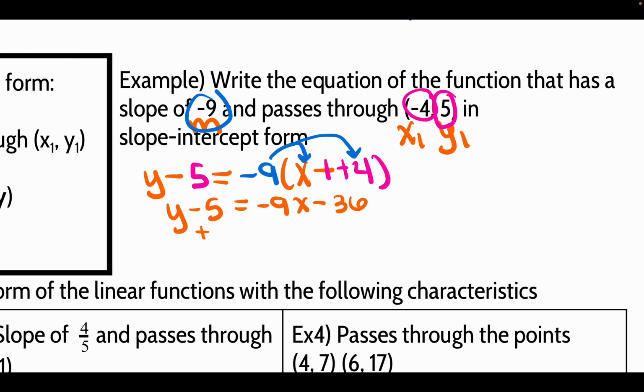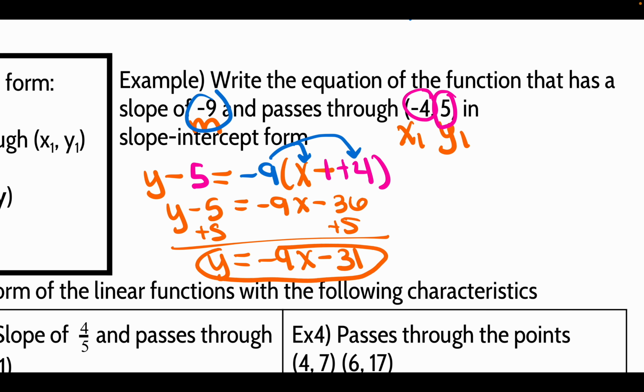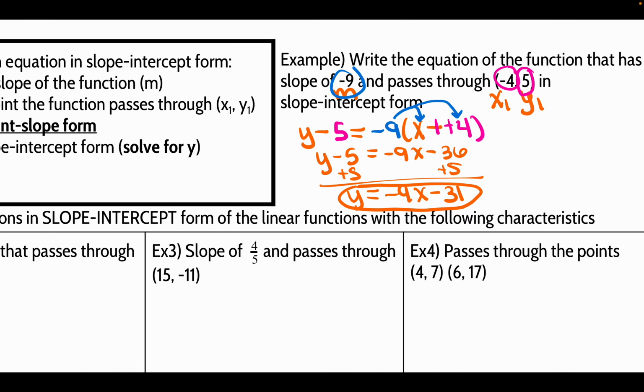Next step is to add 5 to both sides. So we have y equals -9x, -36 plus 5, so -31. And that is our equation. This equation goes through this point, has this slope, and there's our linear equation.